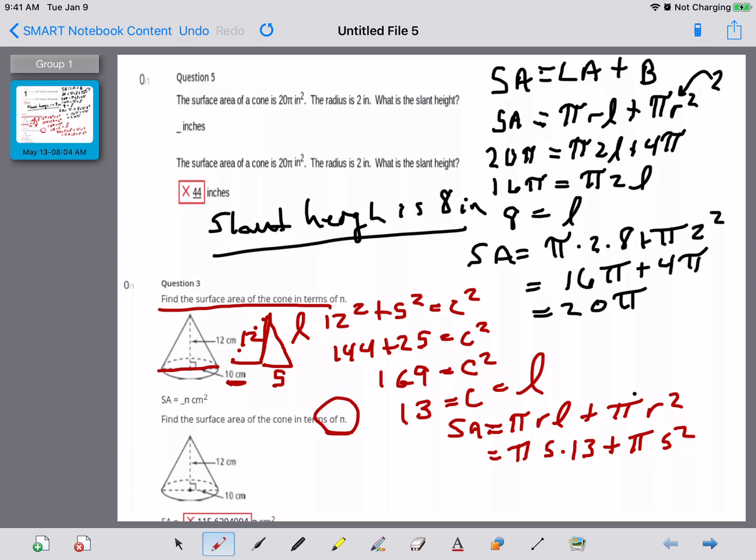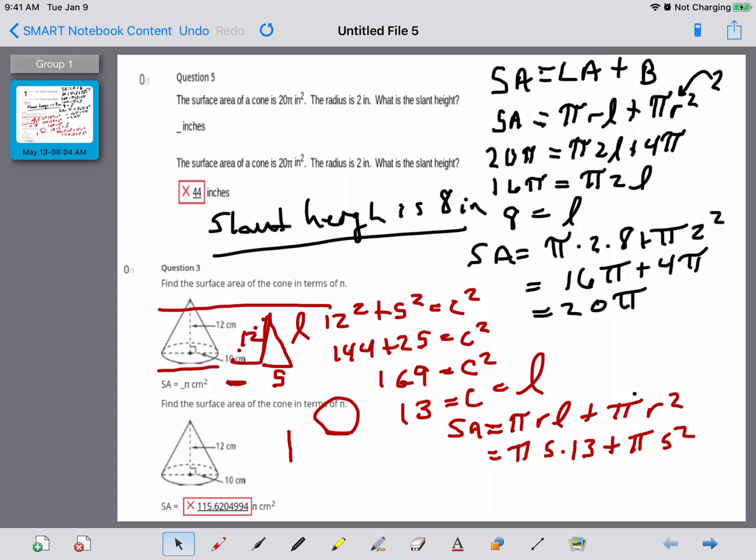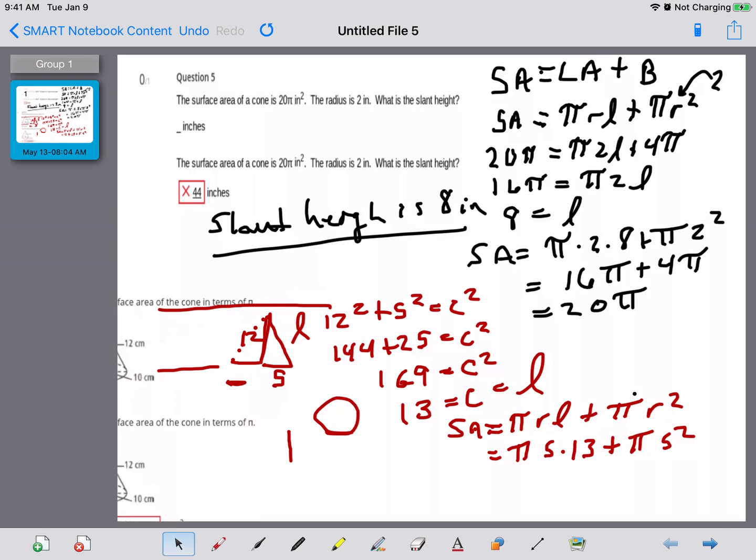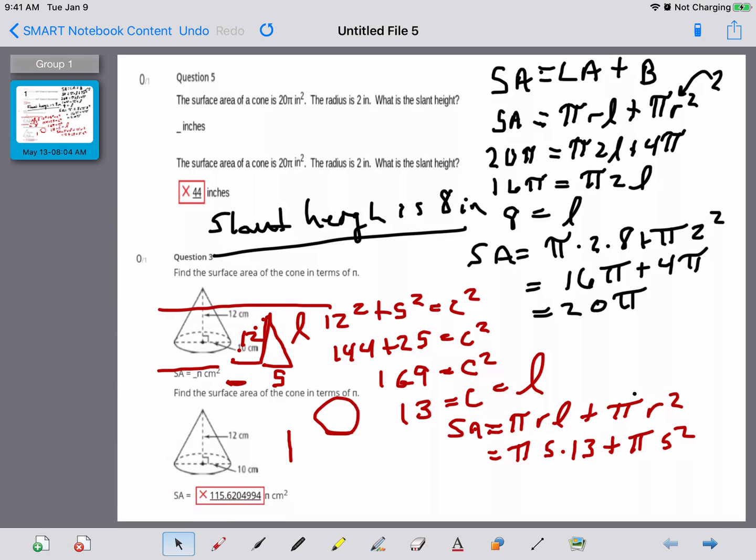So when they do that, they are completely telling me, do not multiply it out. And this looks as if it was multiplied out. So let's check this out. Well, this is going to be, when I get this going, 65 pi plus 25 pi.